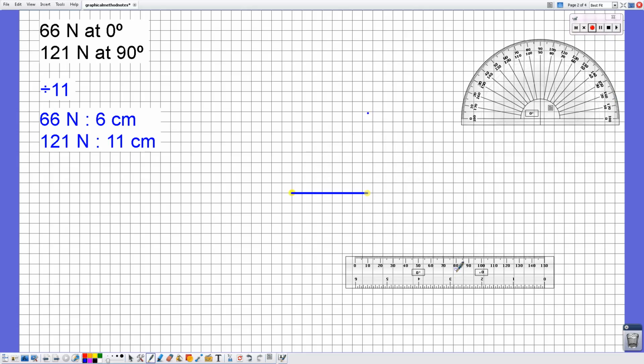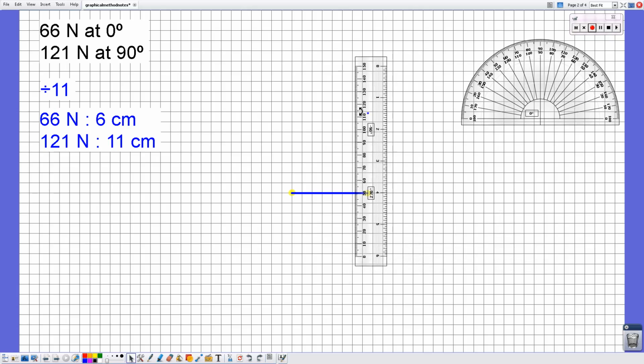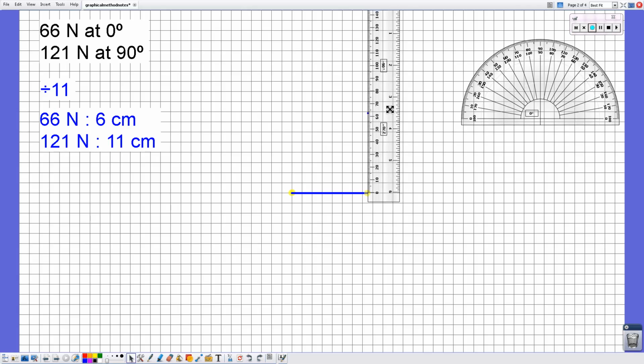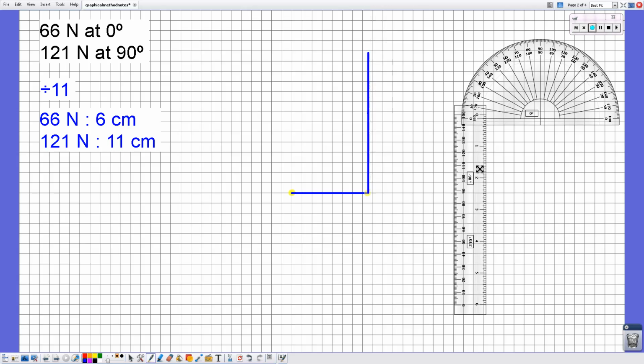And I want this to be, let's see, 11 centimeters. So first I need to move this up. Stick that there at the beginning. Go from the beginning to 11. Cool.